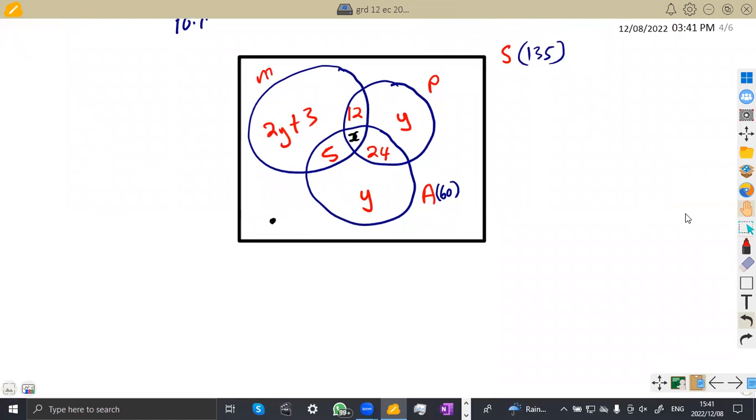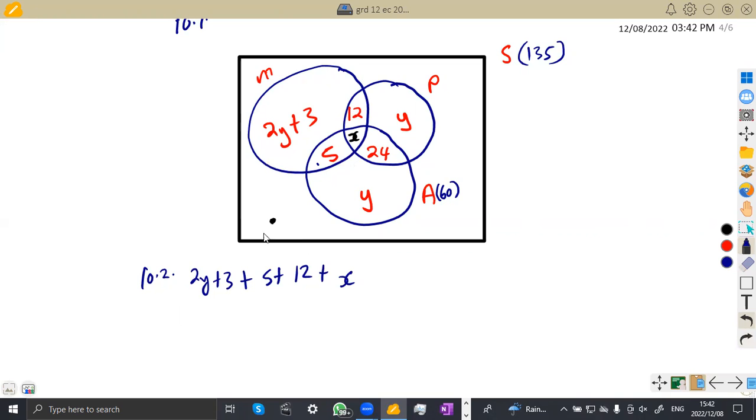All right, when we are referring to mathematics, we are referring to this set here. This is your mathematics. So they are saying everything in this set of mathematics, you have to add everything and equate to physics. Okay, so let's add everything from that set. So for mathematics, there is 2y plus 3, plus 5, plus 12, plus x.